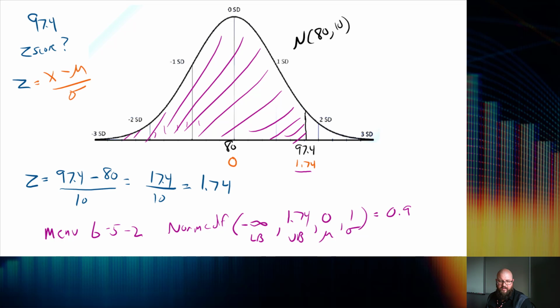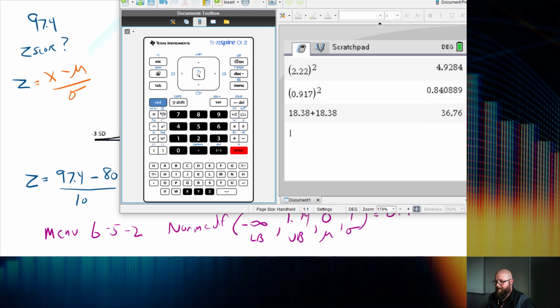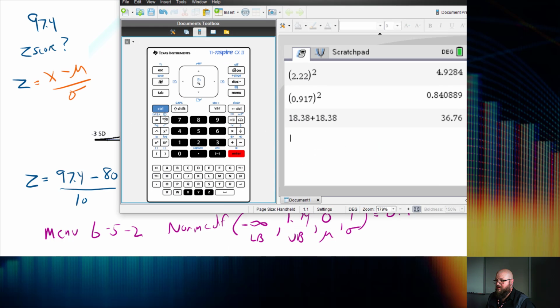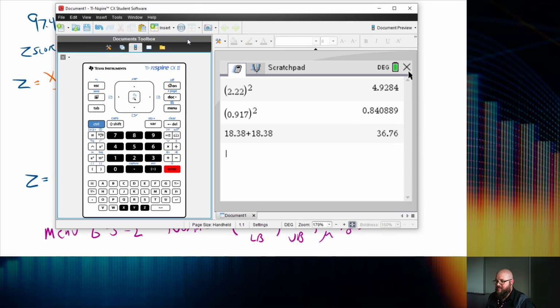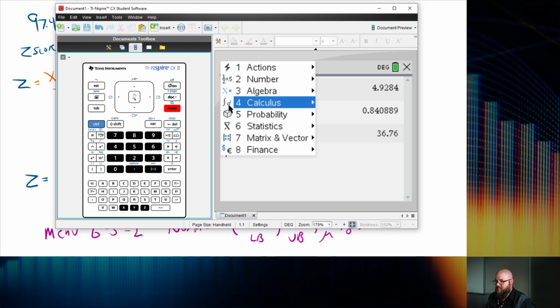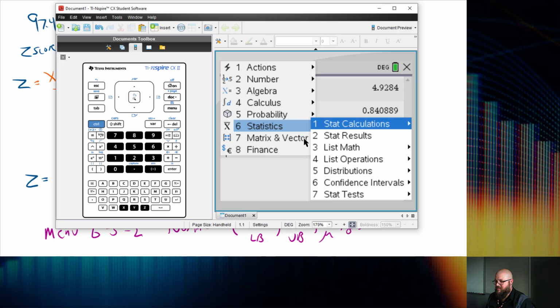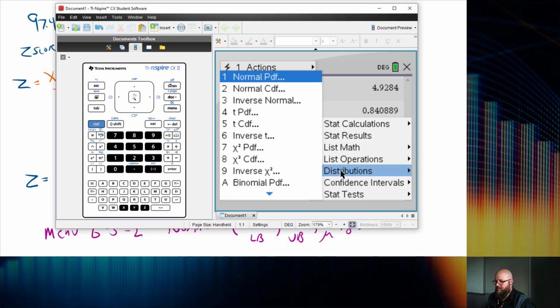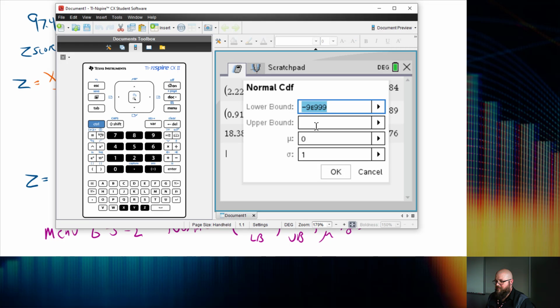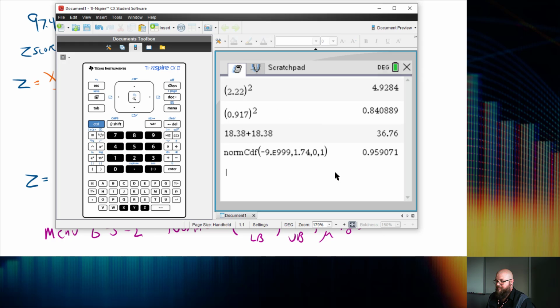Let's figure it out. Let me pull out my calculator real quick. So if we did this, Menu, 652 for normal CDF, again negative infinity, then we had 1.74. And all we knew is, okay, because our mean is automatically 0, standard deviation is 1.